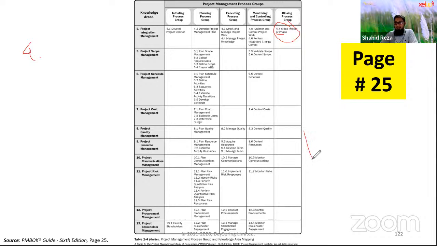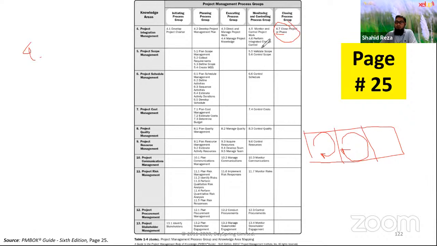I have explained the relation between process groups and phases. One phase can have these 5 process groups once, right? Again, in the second phase, initiation, planning, monitoring, control, closing can happen again. I explained that earlier, before the break. So that's why, or phase.